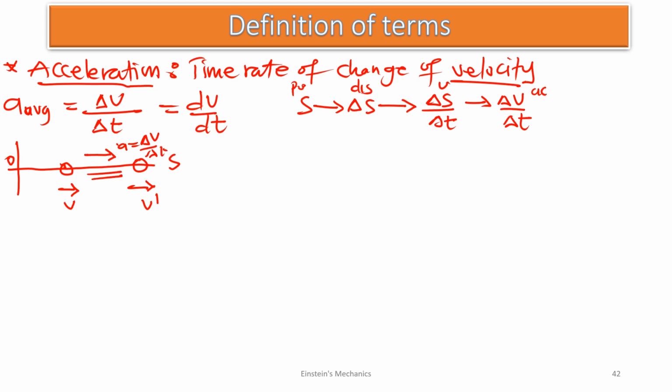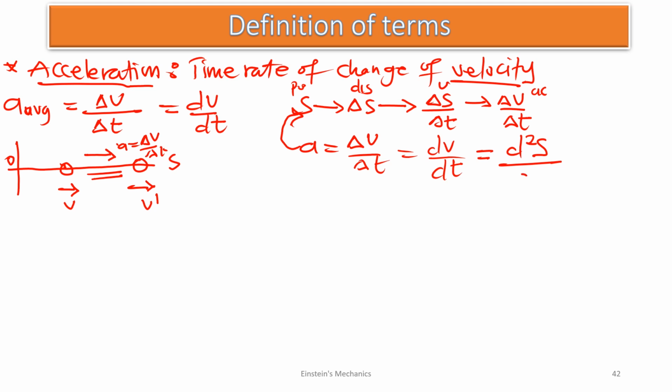Now, an interesting part about the acceleration: you know that acceleration is the change in v over change in t, which is dv on dt. But we can directly get the acceleration from the position, which is going to be the second derivative of the position with respect to time. Are we good? Well, we will solve a problem and we will see how best this is going to work.